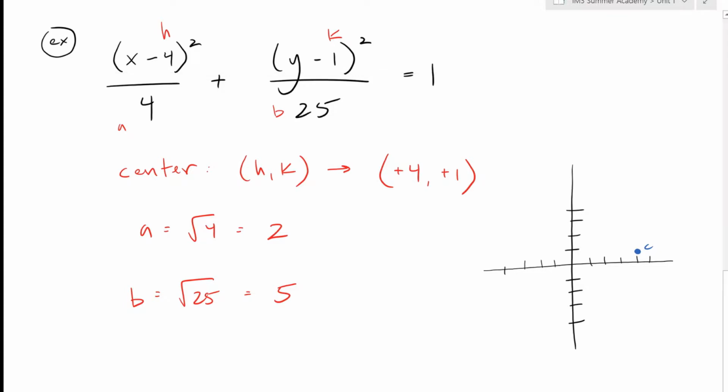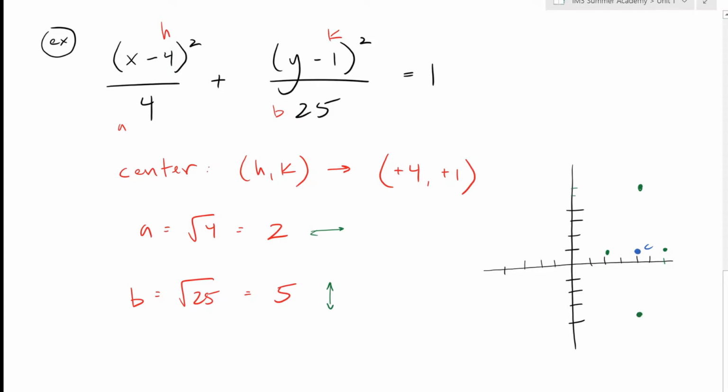All right, so A, remember, is side to side. So 2 to the right, 2 to the left. So 1, 2 over. 2 to the left, 2 to the right. 5 is up and down, so we need to go up 5. 1, 2, 3, 4, 5. So up 5-ish. Down 1, 2, 3, 4, 5 down.